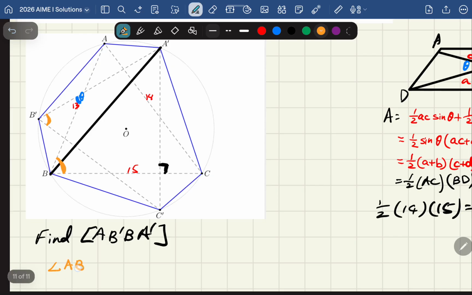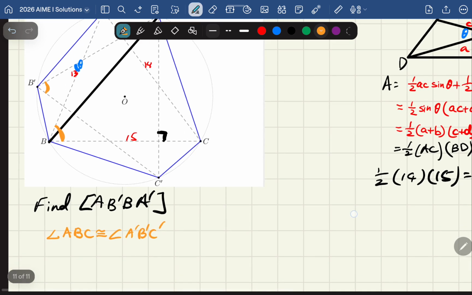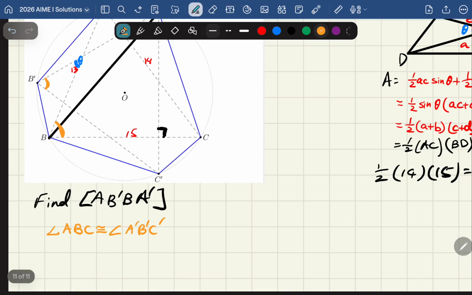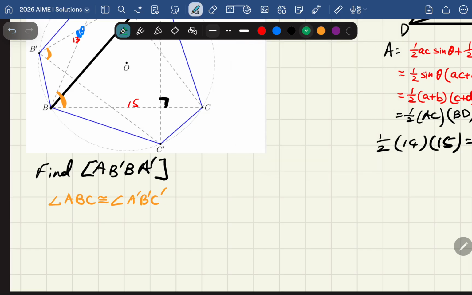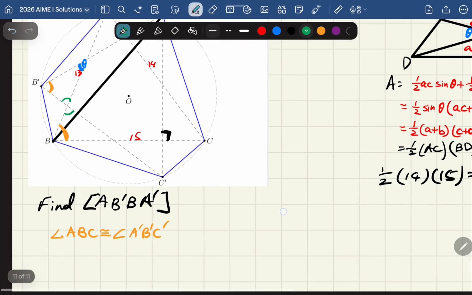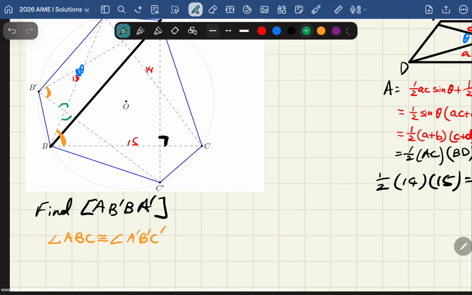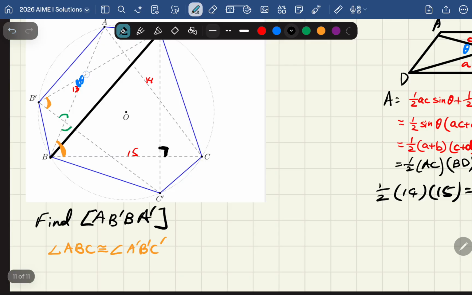So angle ABC is congruent to angle A prime B prime C prime, because of rigid transformation, rotation doesn't change angle. Similarly, these two angles are congruent by vertical angles. Let me mark down this point.